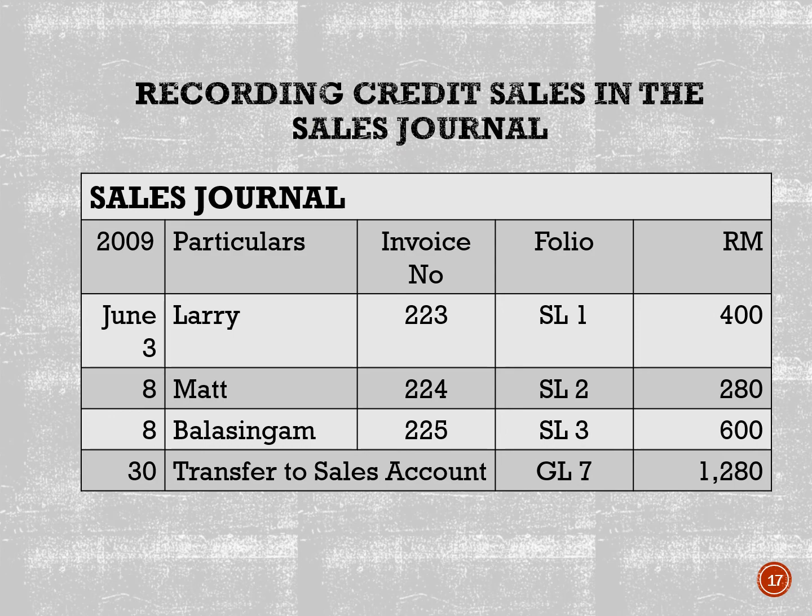Next, tadi kita dah classify the credit sales. So credit sale yang ada Larry, Mike, Balasingham. So number invoice dah bagi. So nanti kita nak kena post dekat mana? Dekat sales ledger.